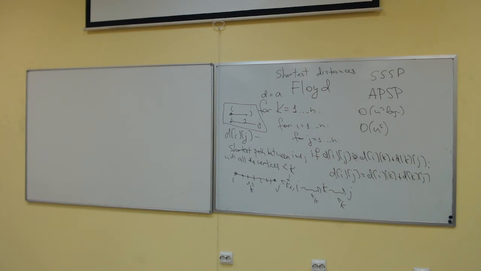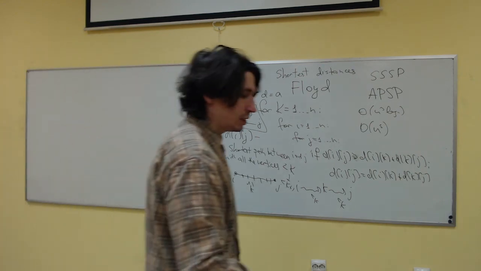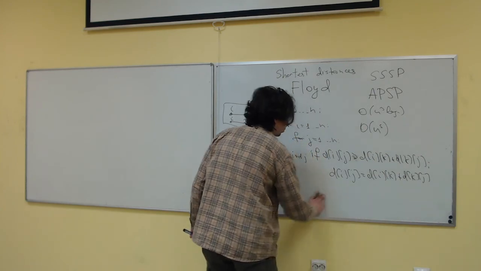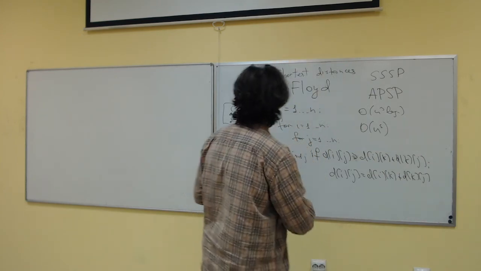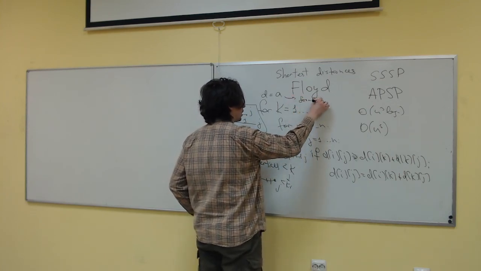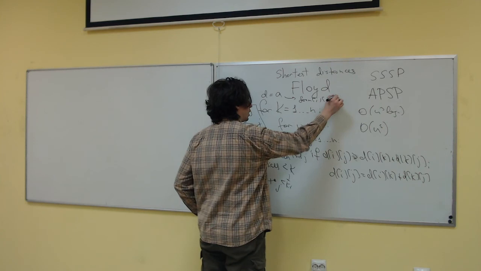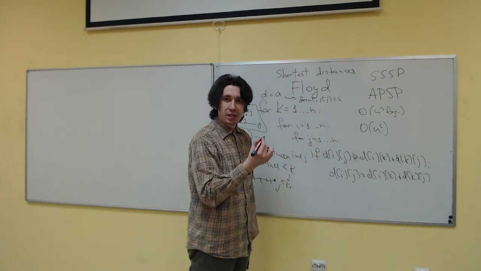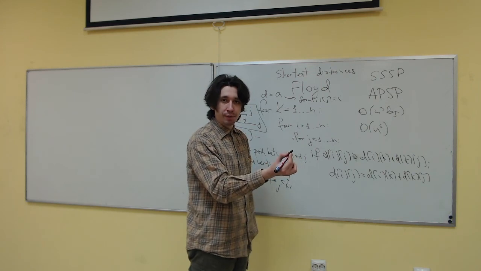There is a little bit of complication with how to restore the path. There are two ways, but the easiest one is that at the beginning we say that from_ij equals i, and then we store the last edge on the path.